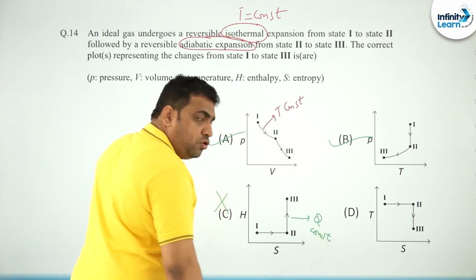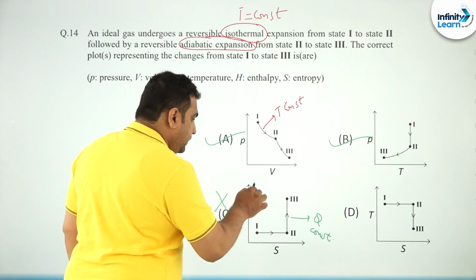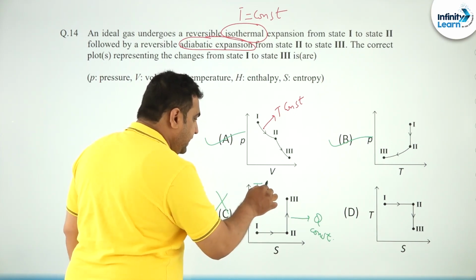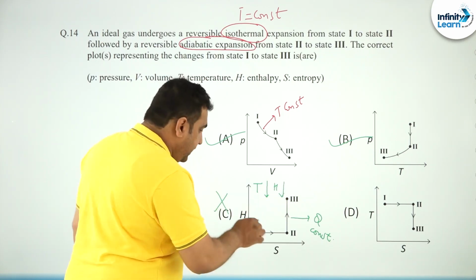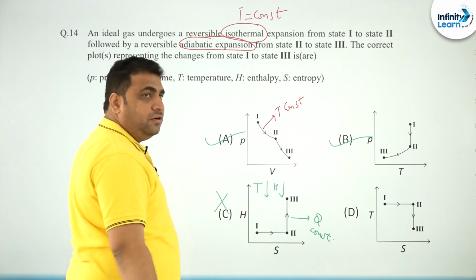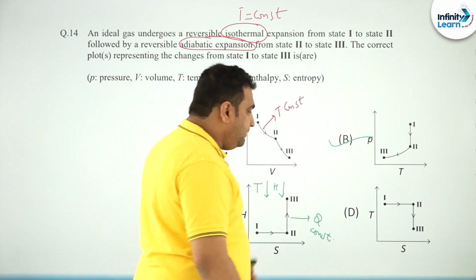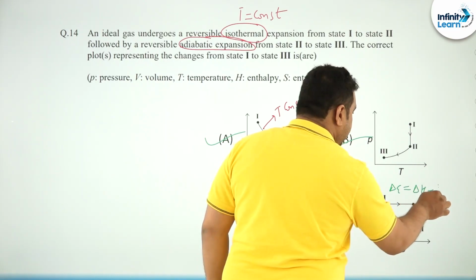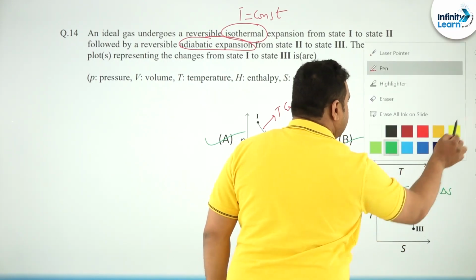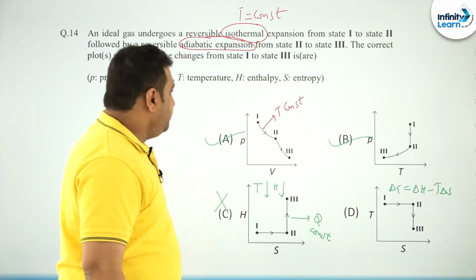If you keep Q constant, then the temperature will decrease and H will also decrease, correct. But here you can see H is increasing, therefore it is wrong. And this one you can easily solve by the equation delta G is equal to delta H minus T delta S. You will get the answer very easily. It is a very easy question.